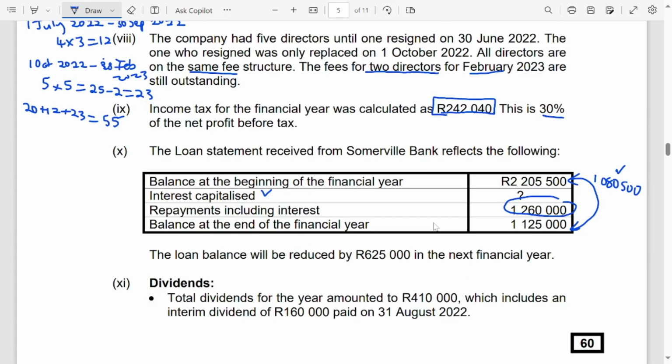Then what else did they say? They said the loan balance will be reduced by 625,000 in the next financial year. Once a loan is to be paid in the next financial year, that loan no longer belongs under the non-current liabilities. It belongs under current liabilities as a short-term loan or current portion of a loan.